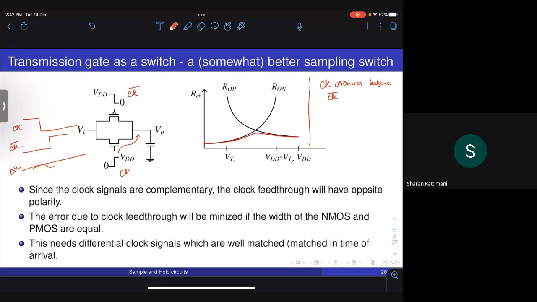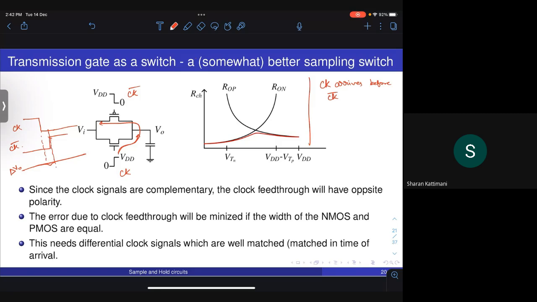But what happens is after this charge has been injected by the clock feed through, during this time the PMOS is still on. So any clock feed through that happens will go through this PMOS transistor and get absorbed into the low impedance of Vin, right? Because of which the charge injection by the NMOS transistor will have negligible effect on the output.